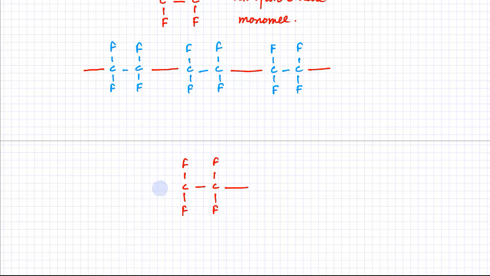These are continuation bonds, and I'm going to draw square brackets around it. So those are my square brackets, and I'm going to write n, where n is the number of times that this residue, this monomer, is going to repeat in that particular chain. So that's your PTFE molecule. It's another example of an addition polymer.